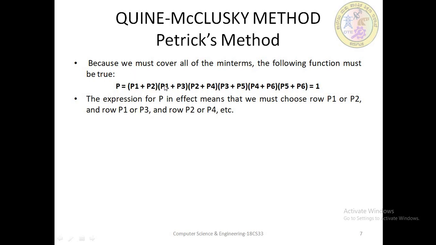Take a common here. So what is common here? P1, plus what is left with these two: P2 and P3, which we multiply. So it will be P1 plus P2 into P3.